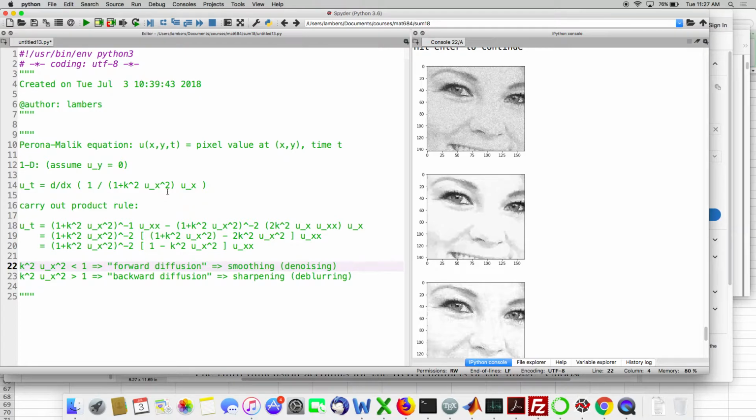Because you need to be able to compute these first partial derivatives using finite differences, for instance. Be able to handle computing gradients and also the divergence of whatever function.